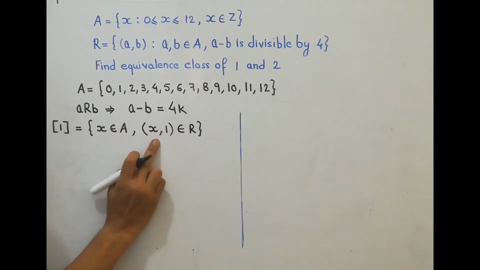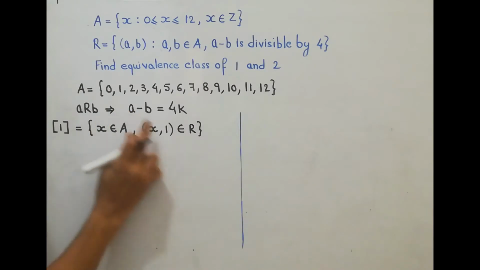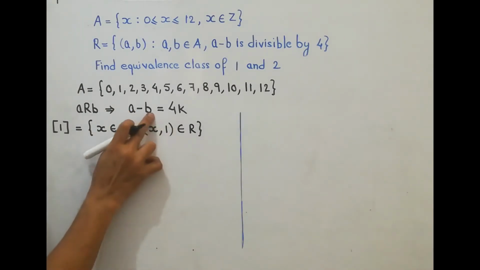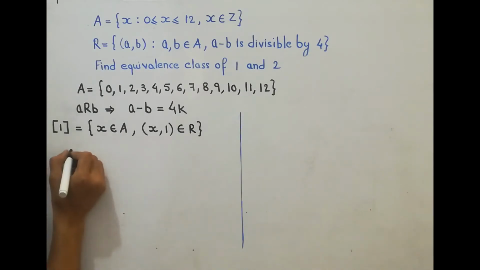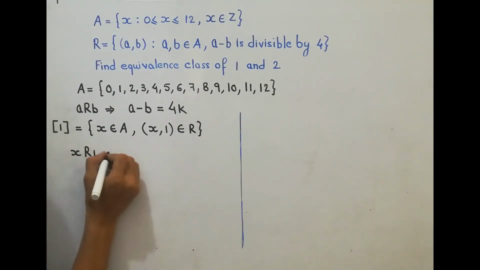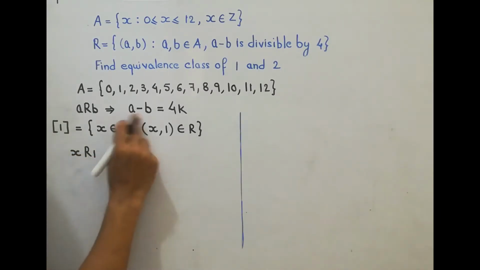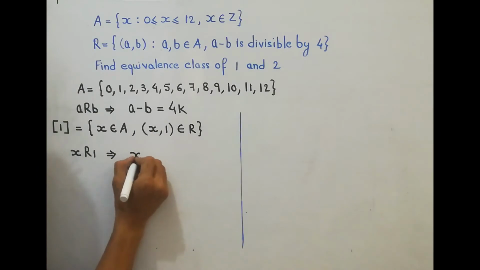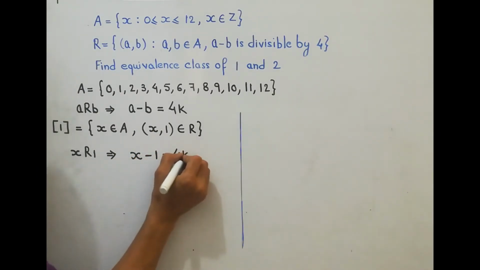So for this ordered pair, what will be the relation? Substitute x with A and 1 with B here. So you can write it like this. X related to 1 will be written as x minus 1 is equal to 4k.